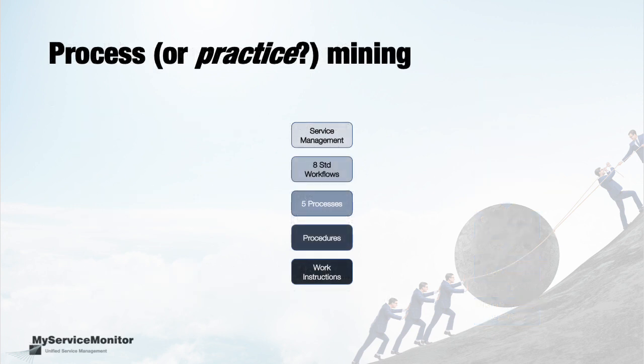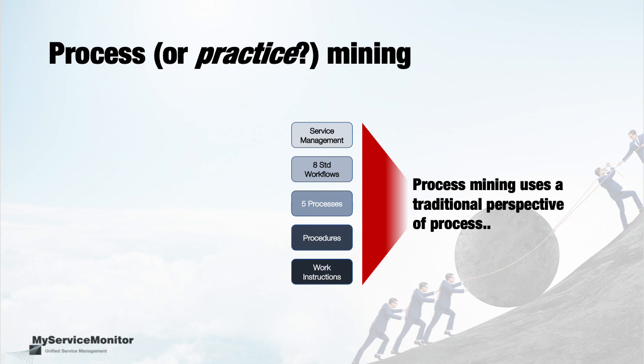It's important to understand that process mining uses a traditional perspective of process, which just sharpens the understanding of the operational model of a business capability. This means it encompasses every layer of the process classification framework.